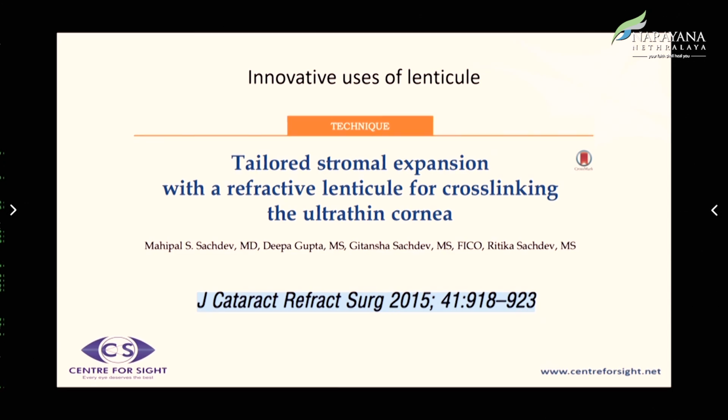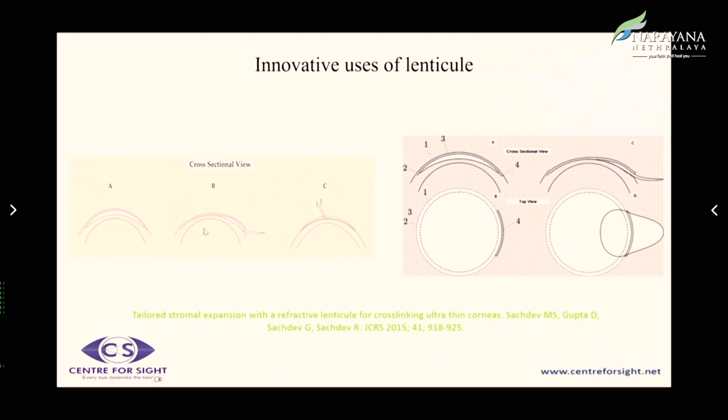Now, we have also described what is called tailored stromal expansion with a refractive lenticule for cross-linking of ultra-thin corneas. Typically, when we started with cross-linking, below 460 one would not want to do a cross-linking because it could cause damage to the endothelium. So what we did was take the lenticule from any donor who was undergoing a SMILE procedure.